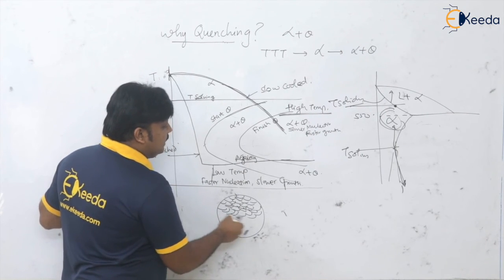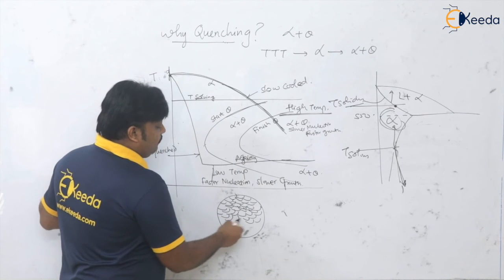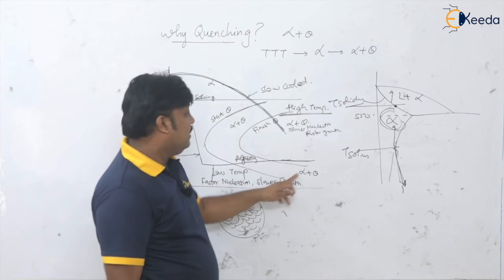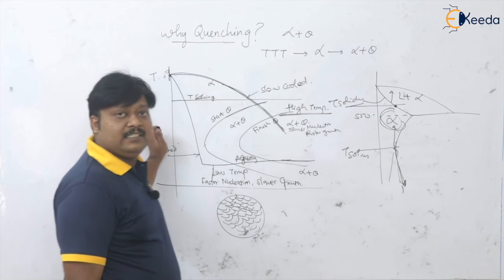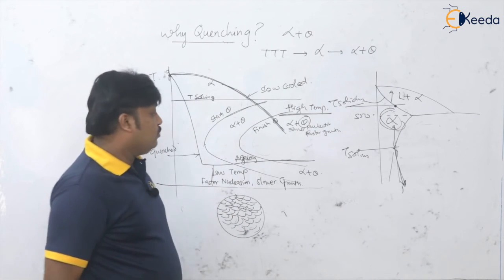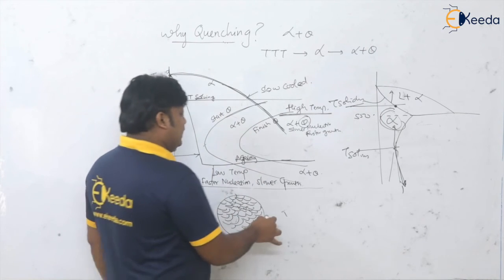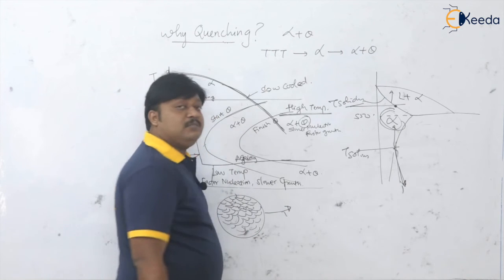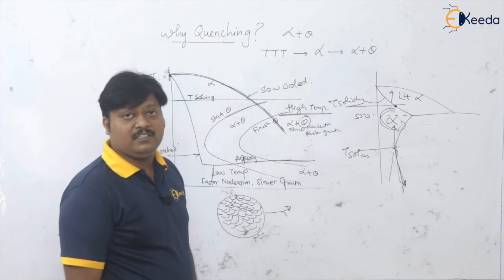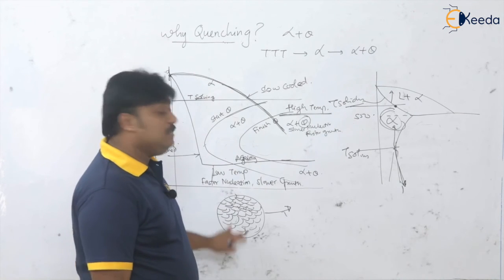So we get a fine precipitate of theta in this reaction. Here the precipitate theta will be coarser. As we know, a fine structure always gives maximum strength and hardness compared to a coarser structure. Please remember it.